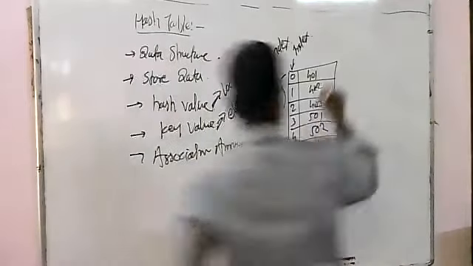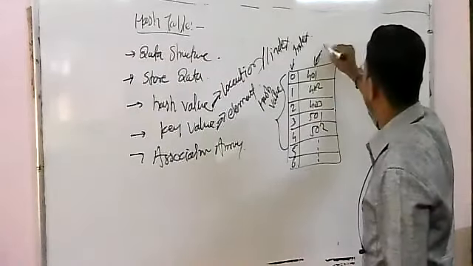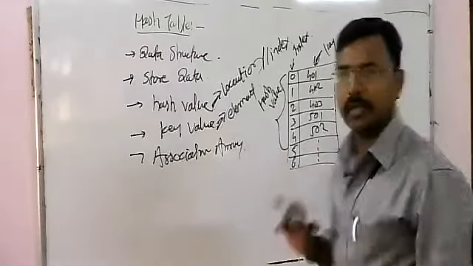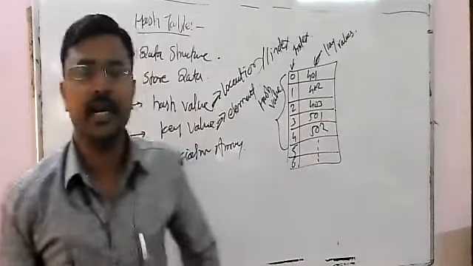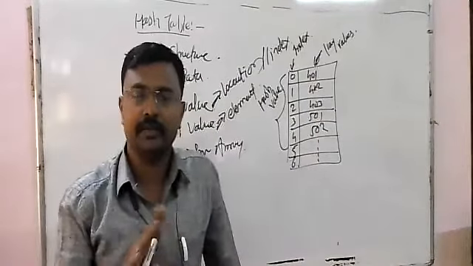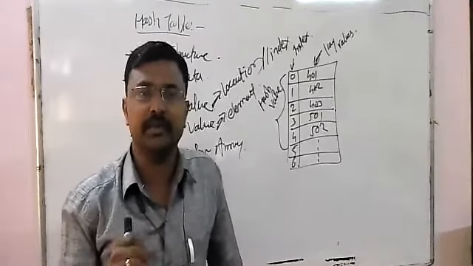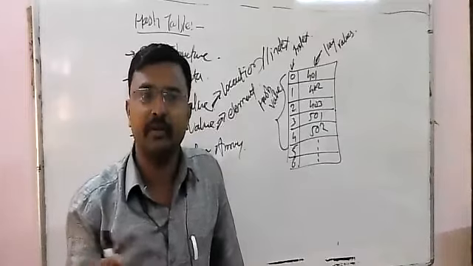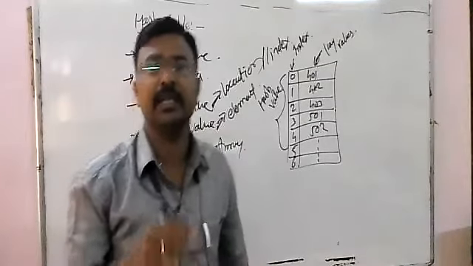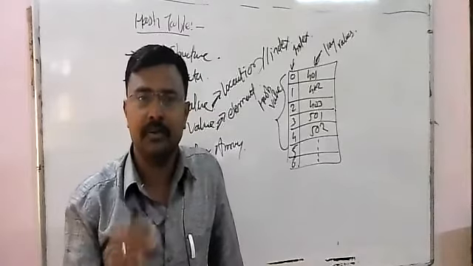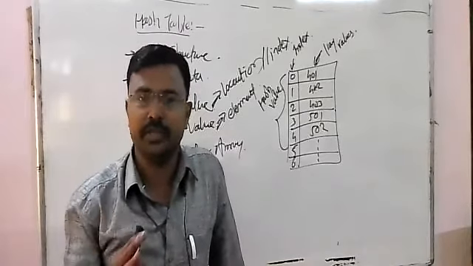So these are the key values. Right? So in this way, your data is stored in your hash table. There are two fields. First one is your index field, or your hash value, and another one is the key value, which is nothing but the actual data stored at that particular position.